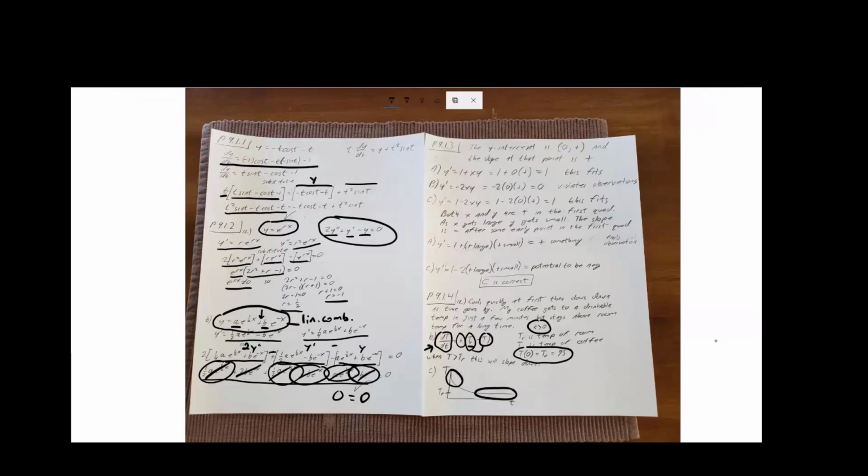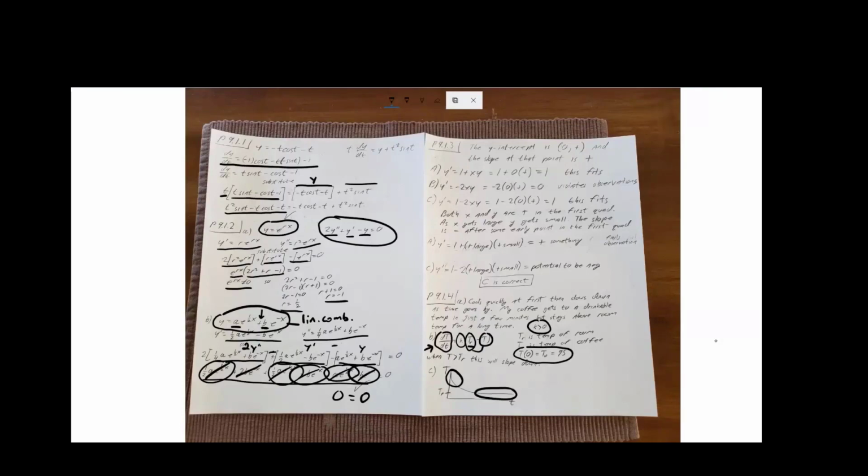Now, there's one other thing that I should point out. Why do they say provided that the temperature difference is not too large? Why does that have to be an assumption as well? What happens if the temperature difference is too large? Well, that would be a weird situation, right? I mean, your coffee would have to be like, I don't know, 1,000 degrees or something like that.